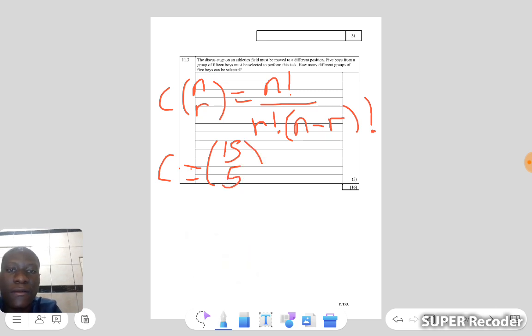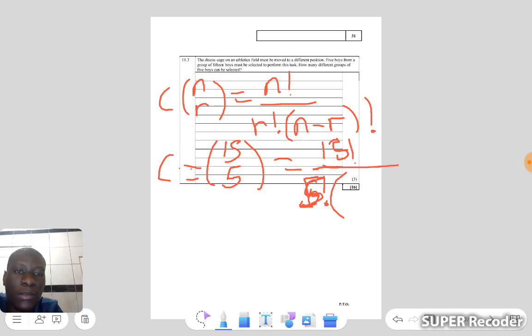Like that, it equals n, 15 factorial, all over r, 5 factorial, this is 5, times n minus r, 15 minus 5 factorial. If you punch this in the calculator, you will get 3003.